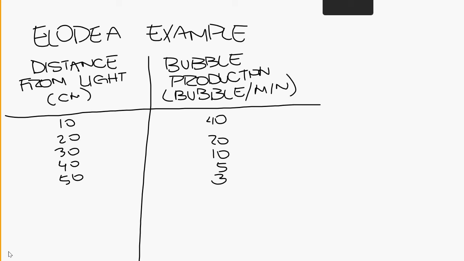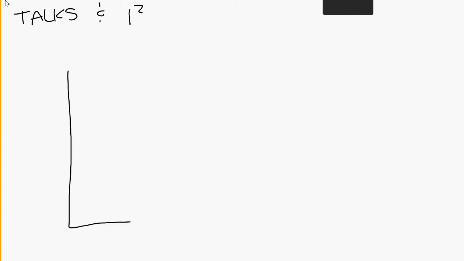Now we need to take these data points and put them onto a graph. So I'm going to remember that my graph talks and that I need to use my I-square strategy. So first I'm going to draw this graph.